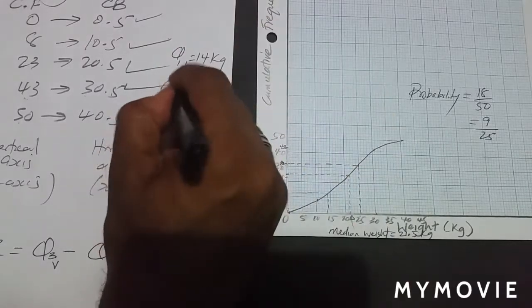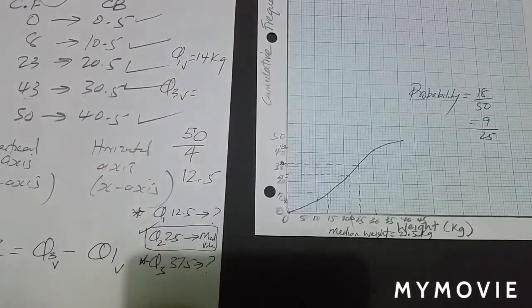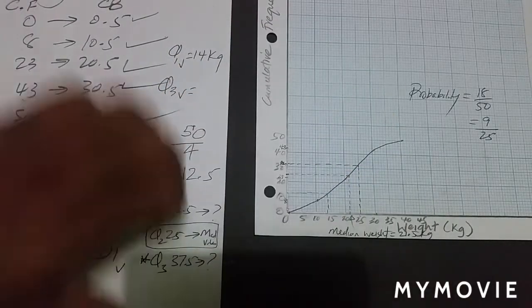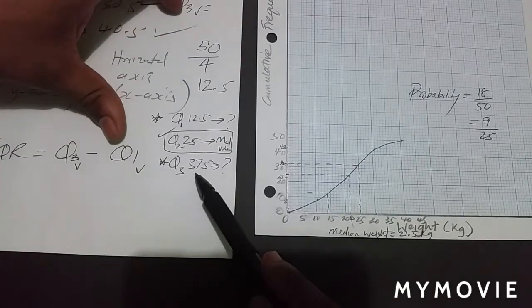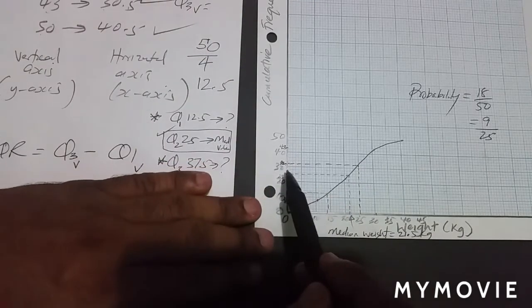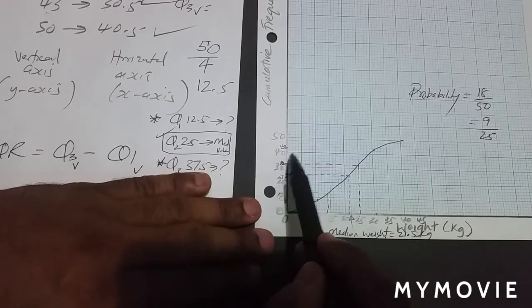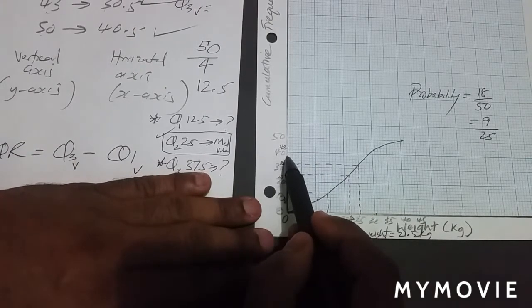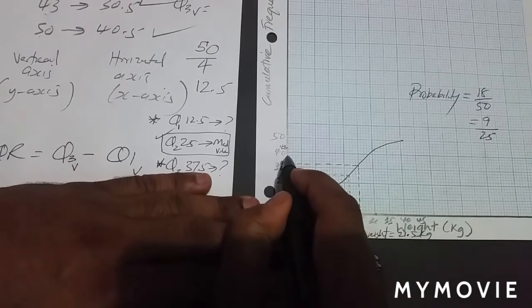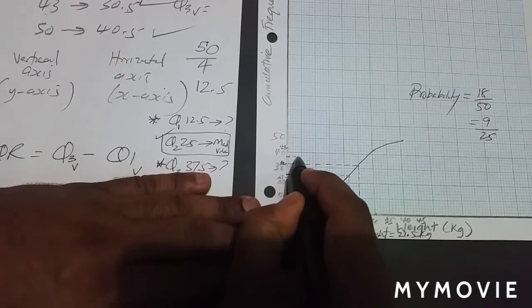Okay? So what I need to find now is the quartile 3 value. Remember, we'd be using 37.5 now. And for 37.5, this is 30, 32, 34, 36, 38, so 37.5 would be somewhere here. I'm just going to take this across.